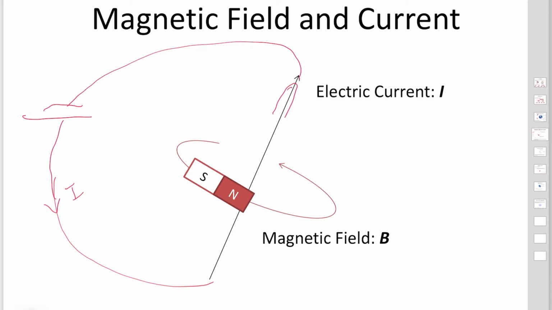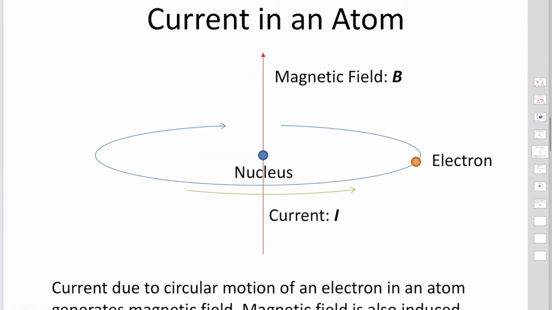Your thumb points in the direction of the current, and then try to roll your fingers. The direction of the fingers corresponds to the direction of the magnetic field. Okay, magnetic field and the current are closely related. This was discovered by Oersted in the 1820s.